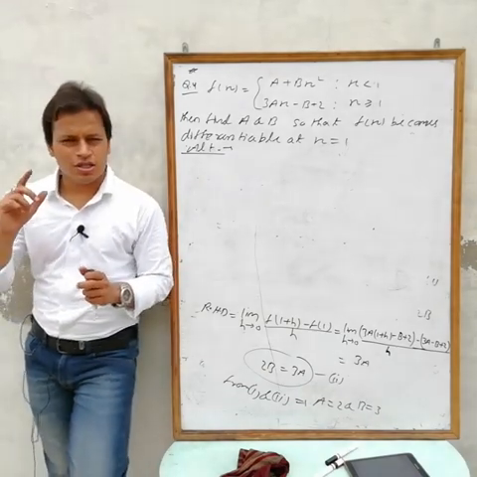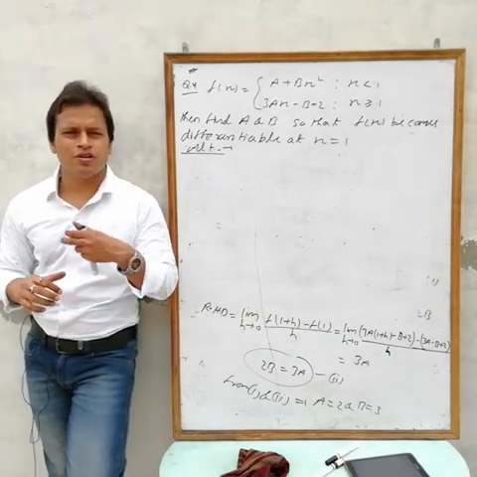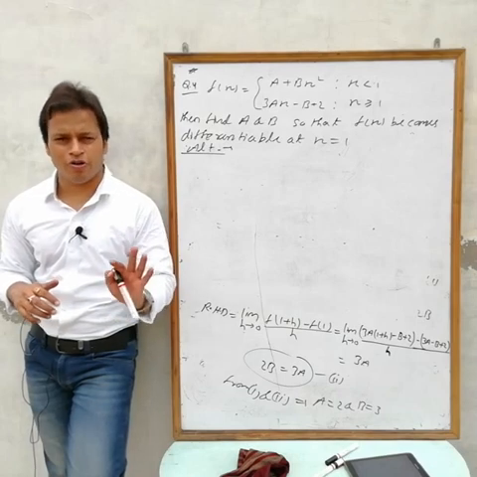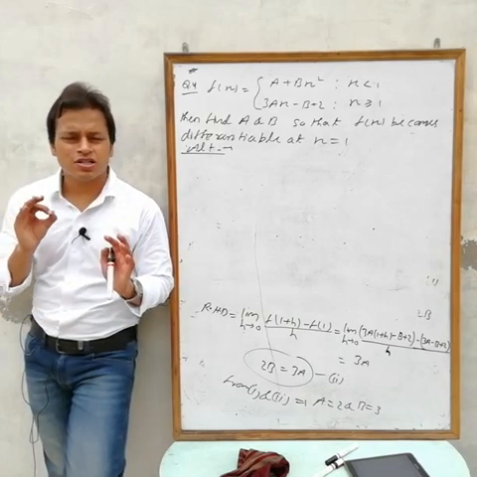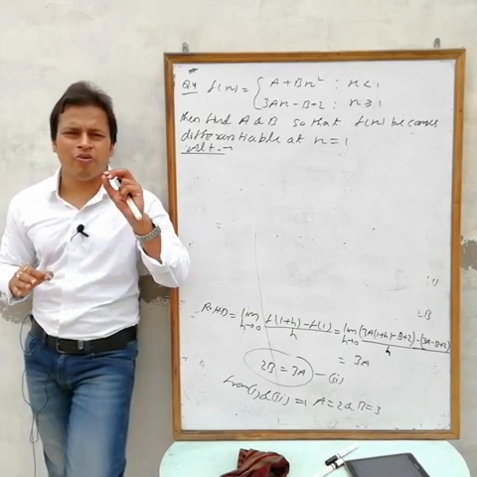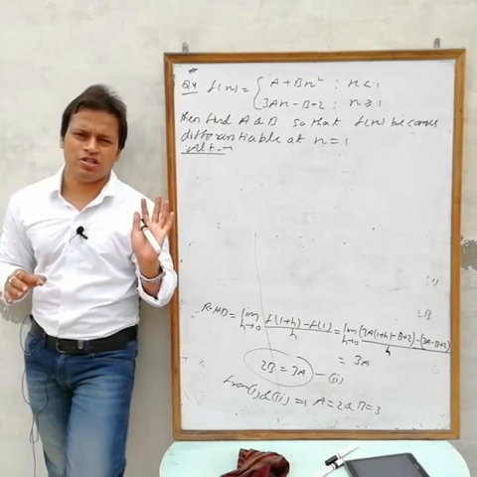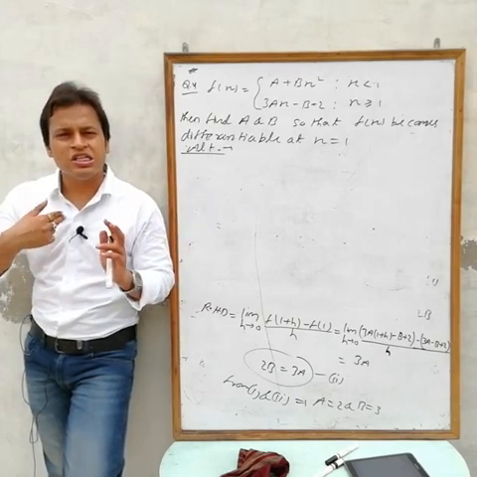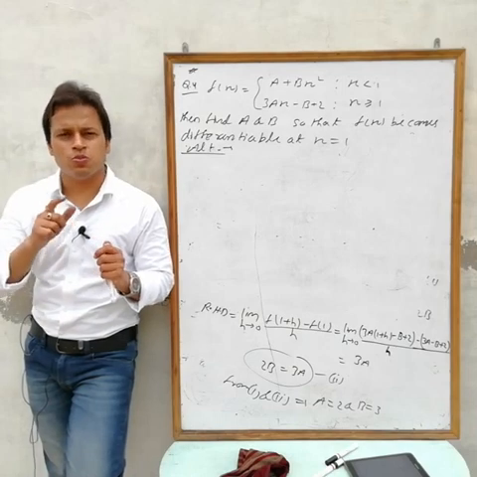If a function is continuous, then the function may be differentiable or may not be differentiable. But if the function is not continuous, then definitely the function is not differentiable. If the function is differentiable, then the function must be continuous.